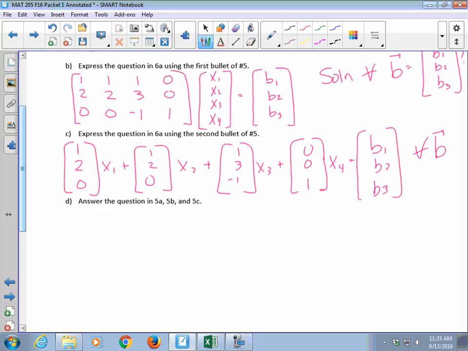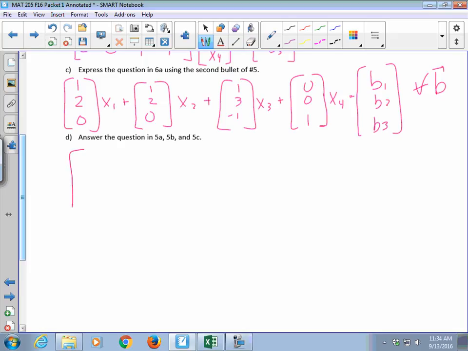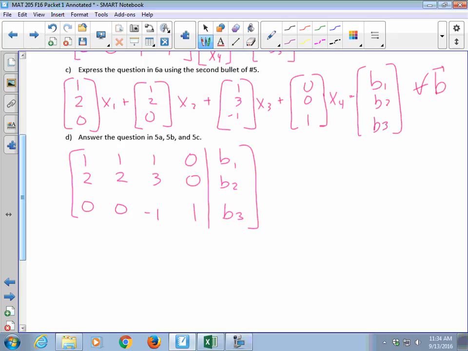So I'm going to use my row reducing algorithm. Instead of writing this as a vector equation, I'm going to write it as an augmented matrix, augmented with B1, B2, and B3, which we do not know. This needs to have a solution no matter what I pick for B1, B2, and B3, so I'm leaving them generic.